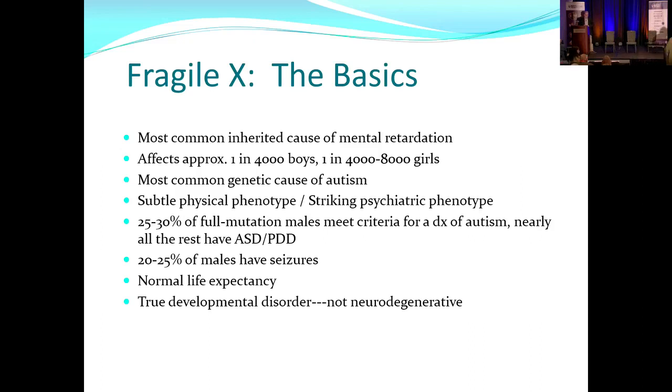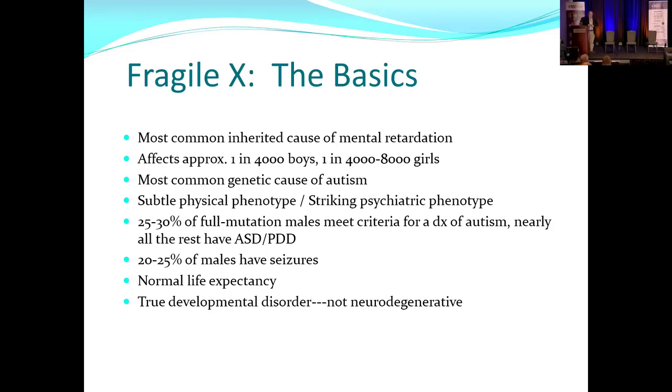Fragile X has a pretty subtle physical phenotype. You can recognize it if you're a parent or if you're a doctor who's treated lots of kids with Fragile X. But most people miss it. They look pretty normal. Our son's a very handsome guy. Our daughter is a beautiful young lady. But they have a striking psychiatric phenotype. I'm a psychiatrist, I would say something like that.